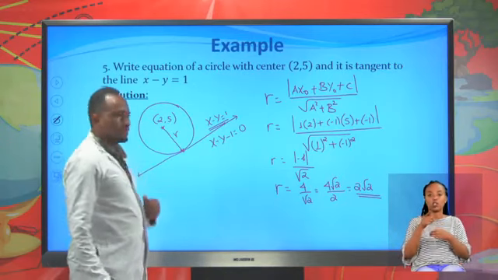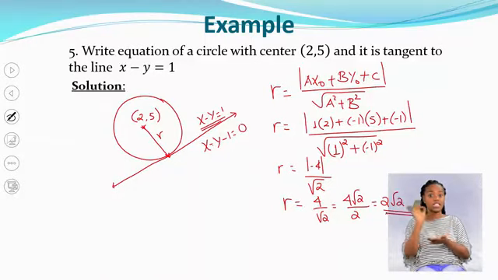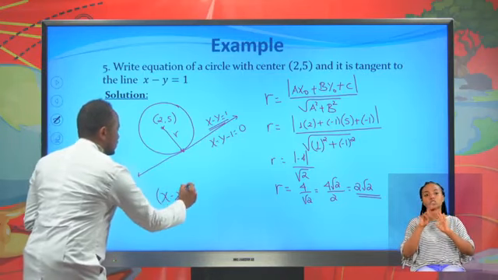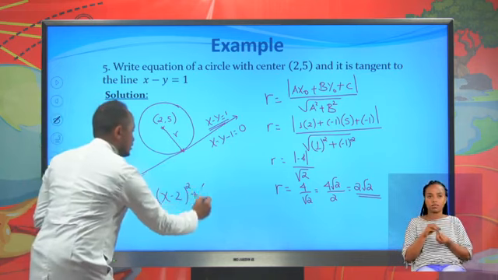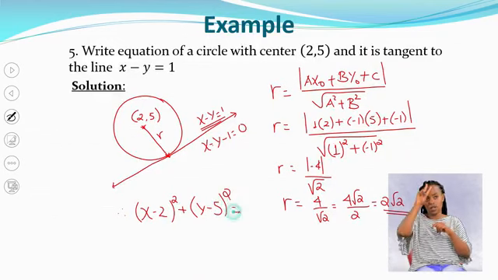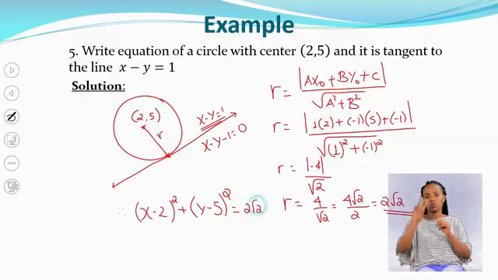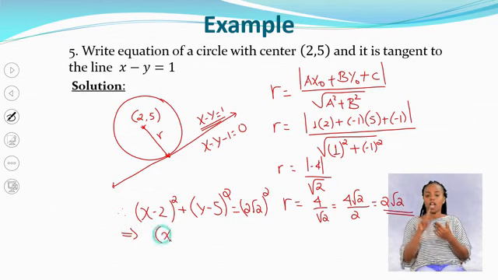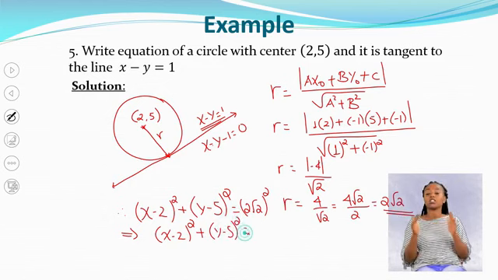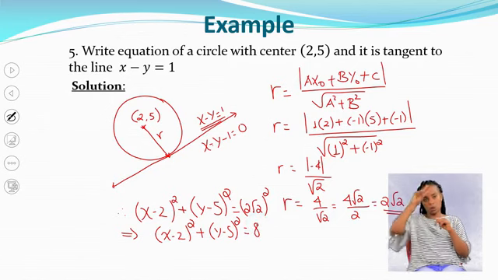After this, we can write the equation because we have the center and radius. Therefore, the equation of the circle will be x minus 2 the whole squared plus y minus 5 the whole squared is equal to 2 root 2 squared, the radius squared. 2 root 2 squared is 2 squared, which is 4, times root 2 squared, which is 2, and 4 times 2 is 8.